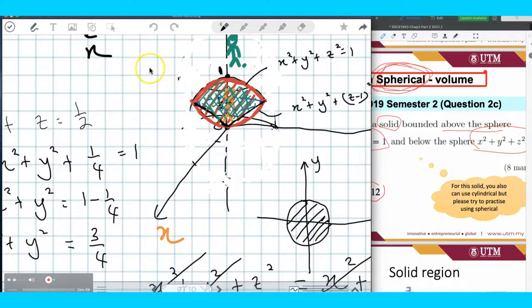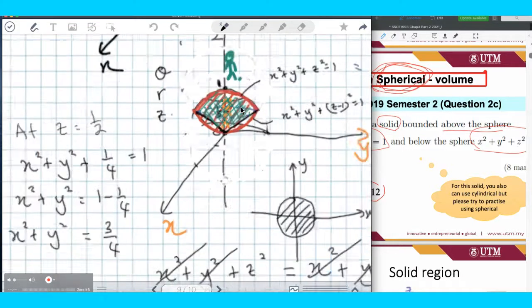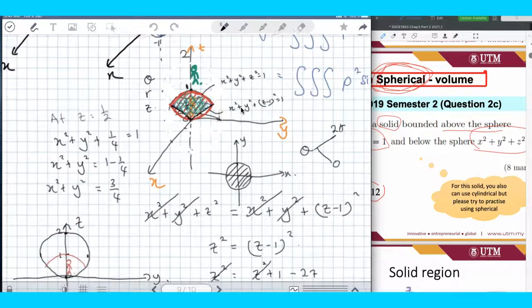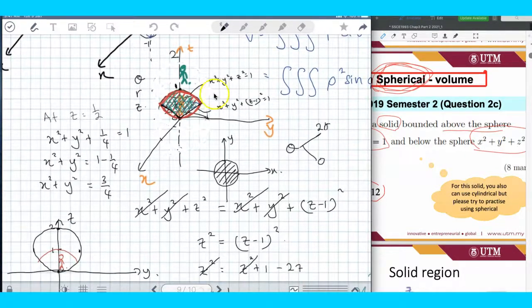So for cylindrical coordinates, we need to get the limit of theta, the limit of r, and the limit of z. For theta, it is the same as in spherical coordinates, where we have to look at the region. From my previous explanation, I already showed you how we got z equal to half.